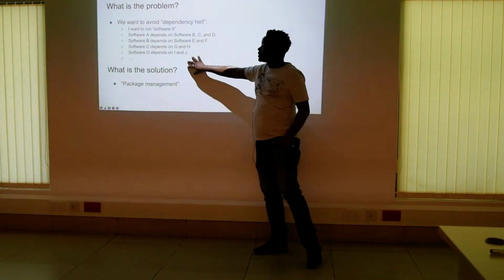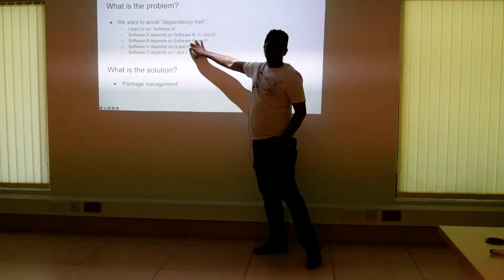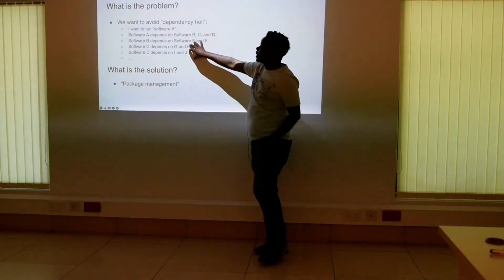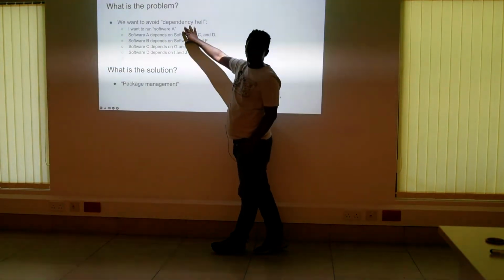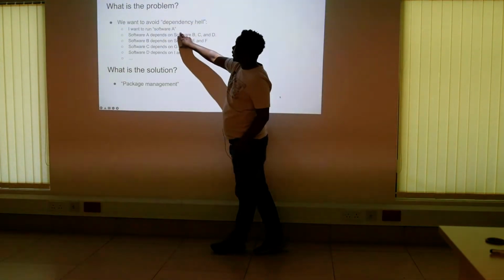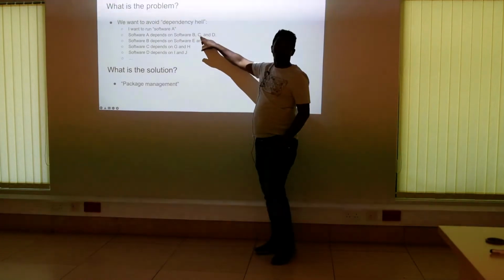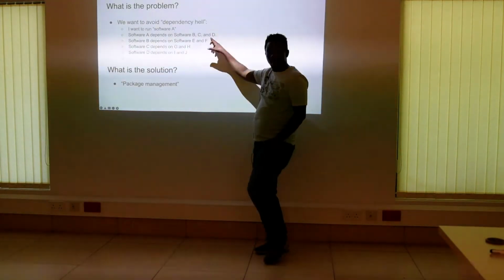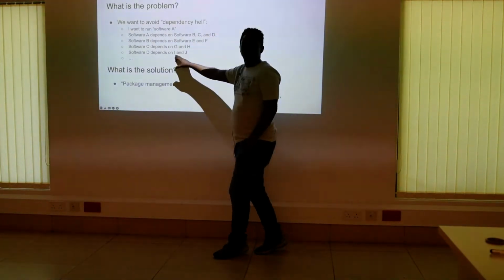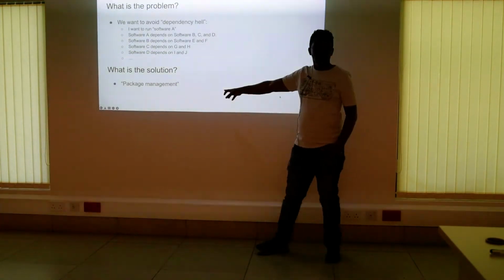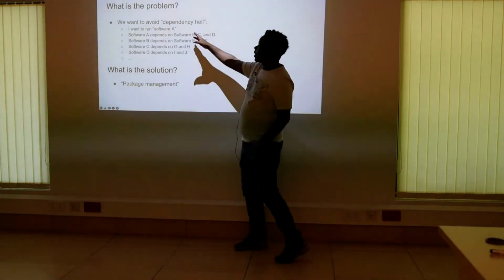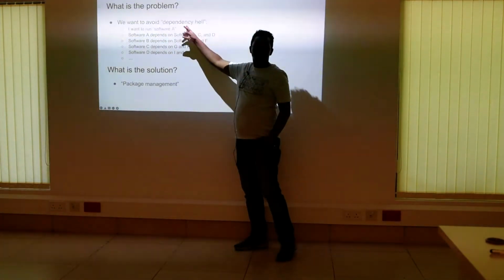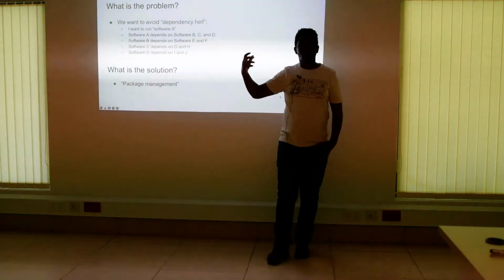So the question is, what are we going to do about this? The problem is, I have a software that I want to install, but that software depends on another software, or multiple softwares, which then depend on other softwares, which depend on something else. So if I want to install this software, how do I deal with this dependency hell? How am I going to deal with it?